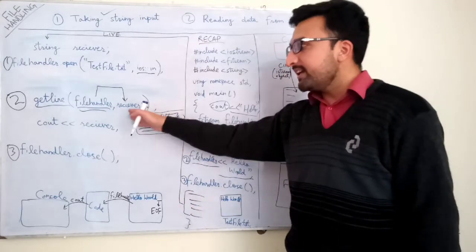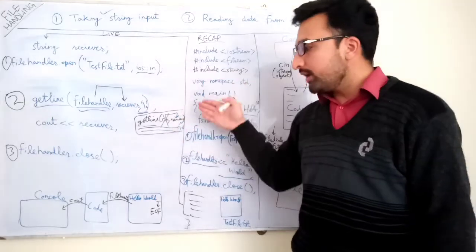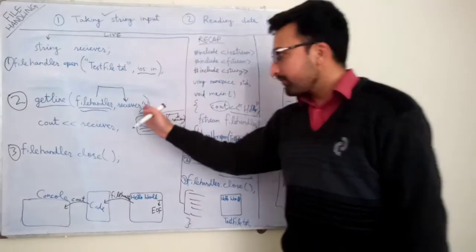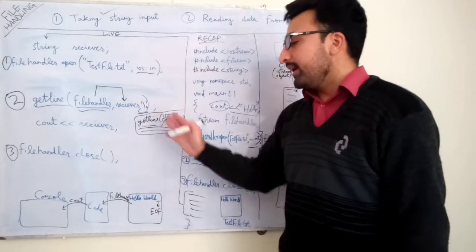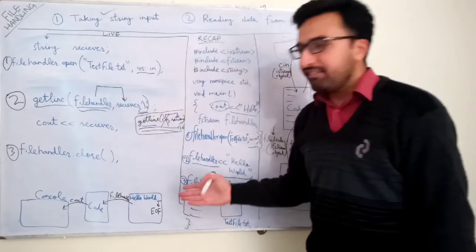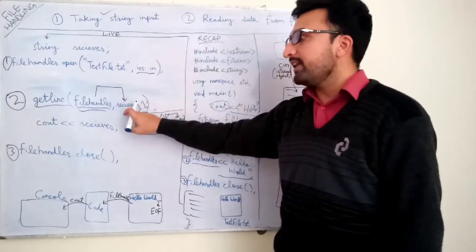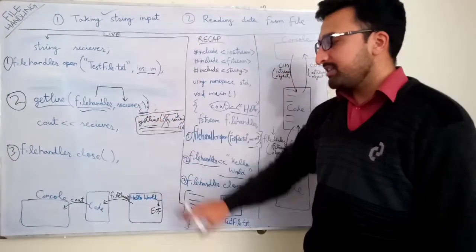So it reads either to the point where the delimiter occurs, or to the point where end of file occurs. Here the delimiter by default was \n, and \n never arrived, so we will be taking input from the file into the variable receiver until the end of file arrives, because there was no \n.